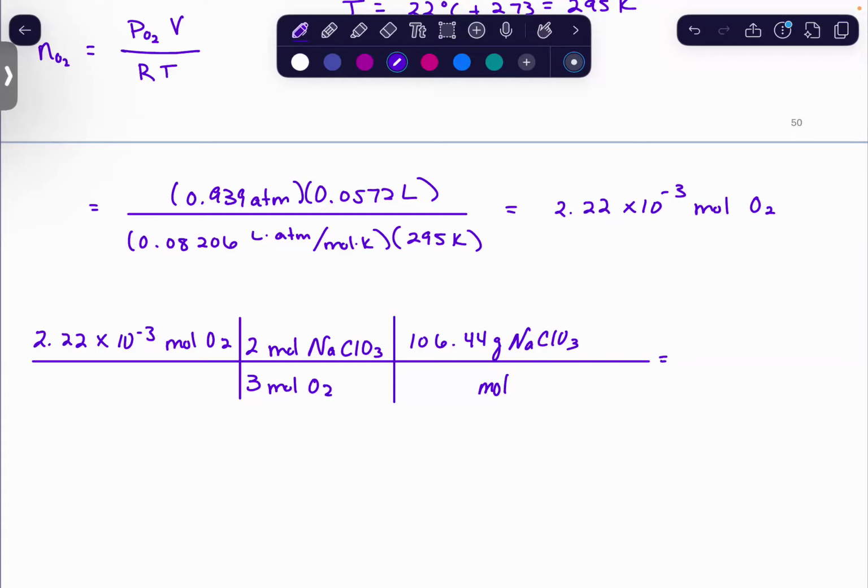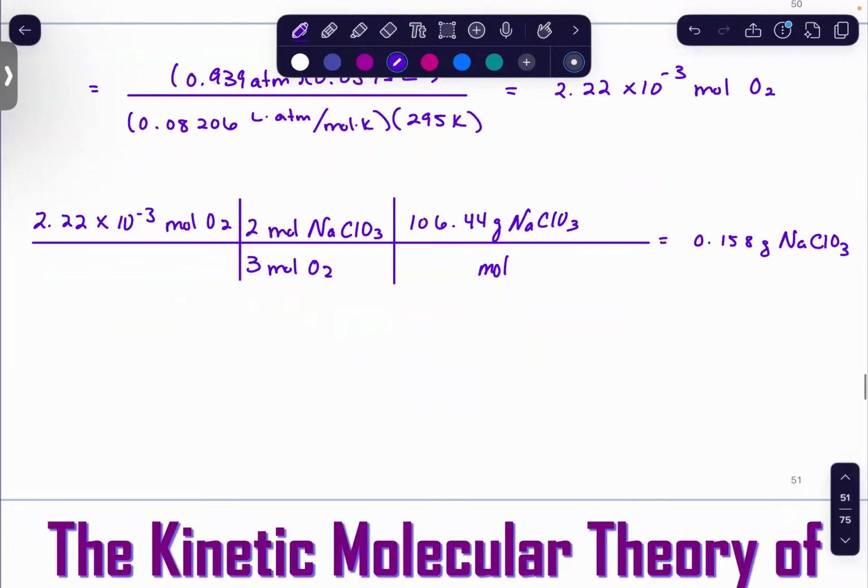And this is going to come out to be 0.158 grams of sodium chlorate. Now, our mass percentage, that's going to be our mass of NaClO3 over the mass of the sample times 100.